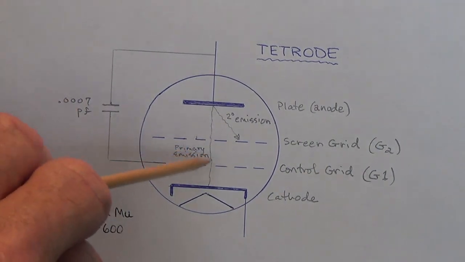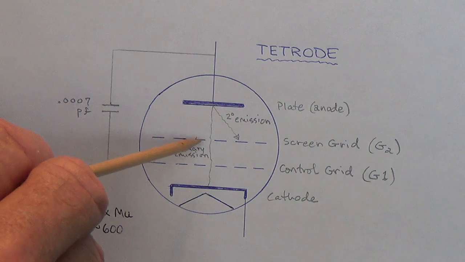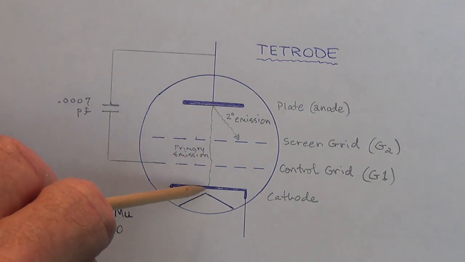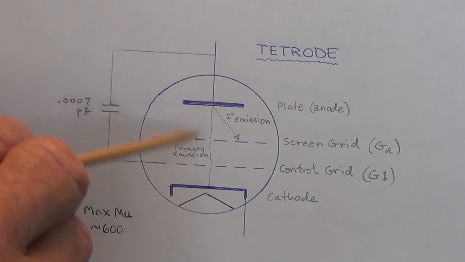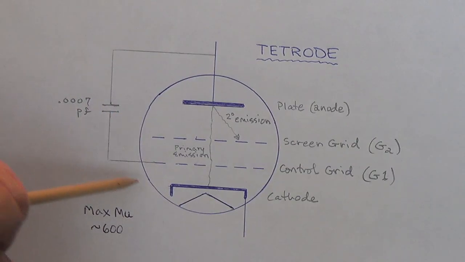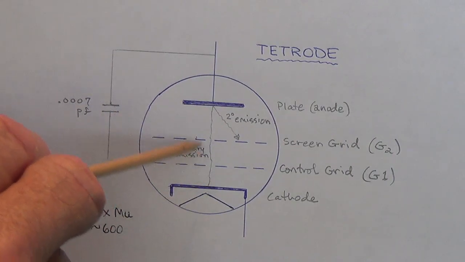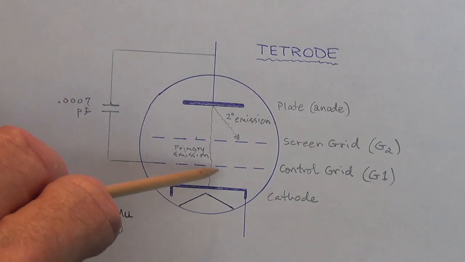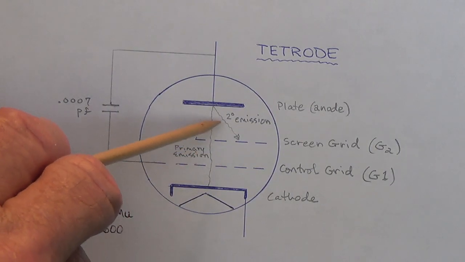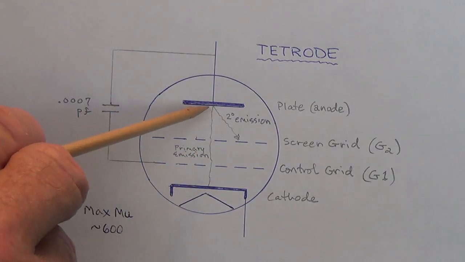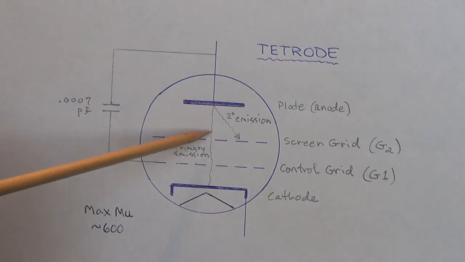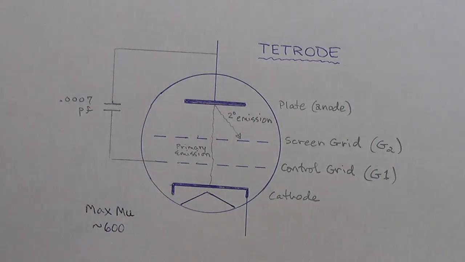And that is that the screen grid serves at that high positive voltage to accelerate the electrons through the tube. It actually boosts the efficiency, the flow rate of the electrons, and mostly the kinetic energy of the electrons as they pass through the tube. It's sort of like it supercharges the electrons as they travel from the cathode to the plate.